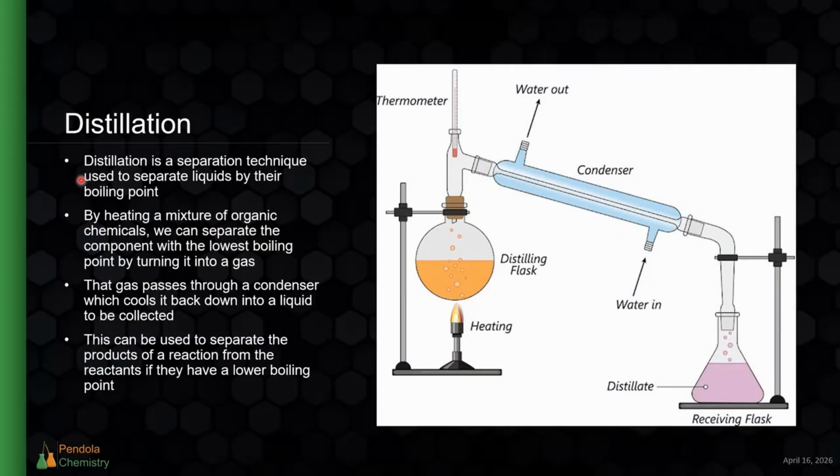This is what a distillation setup looks like. This is essentially the process of a liquid mixture being separated by one of the liquids boiling and the other one not boiling.